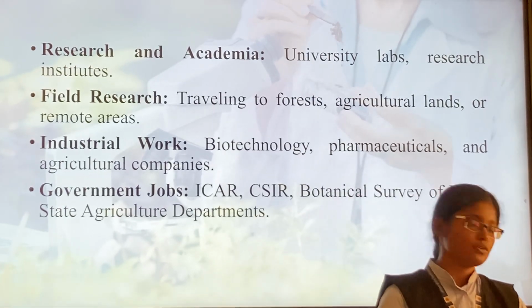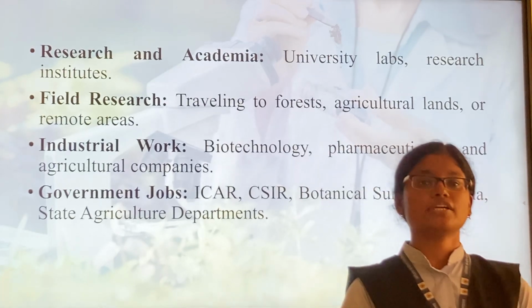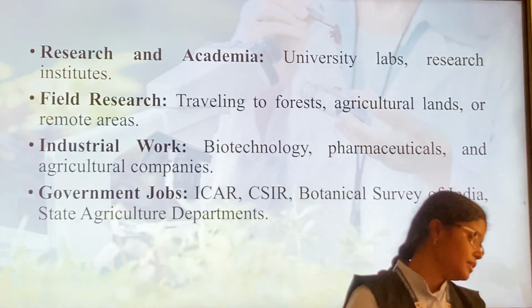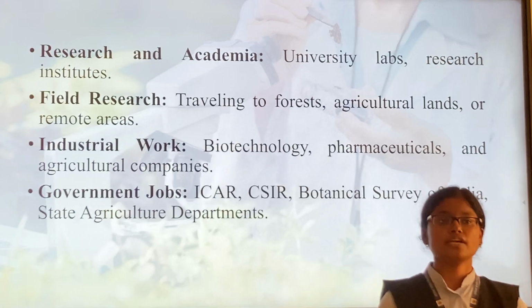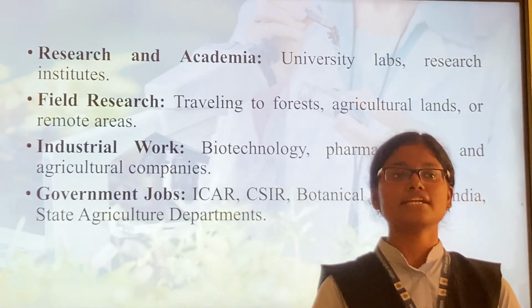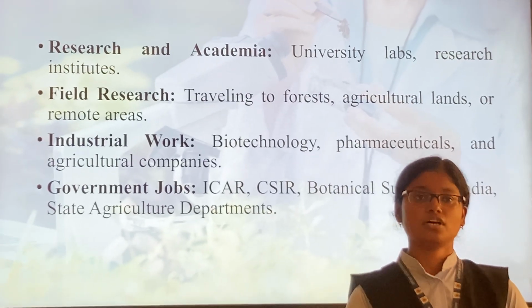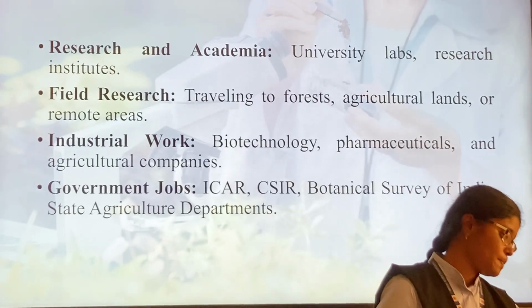Then industrial work in the biotechnology and pharmaceutical fields. Then government jobs, in several organizations like ICAR, CSIR, Botanical Survey of India, and state agricultural departments, which hire plant biologists for their organizations.